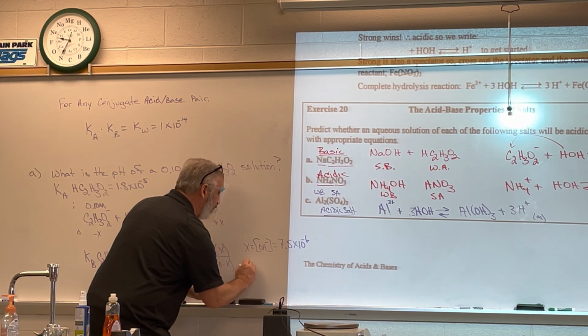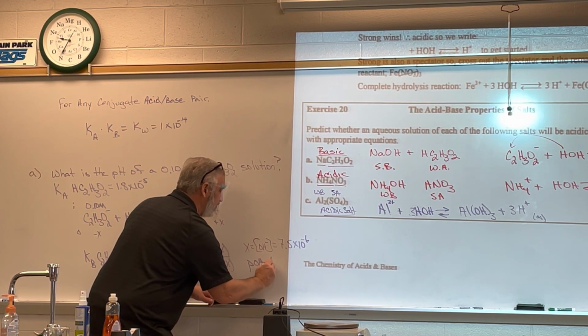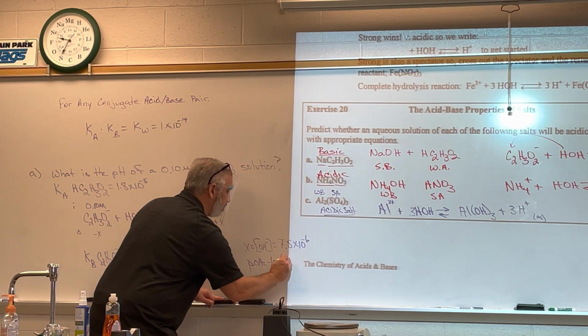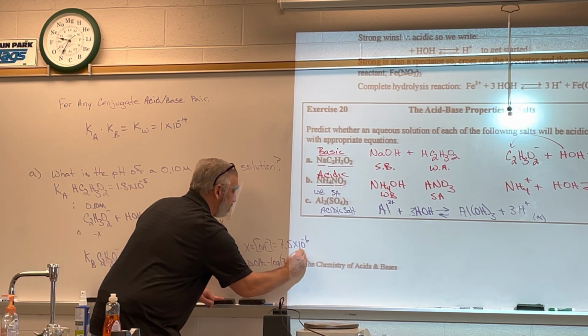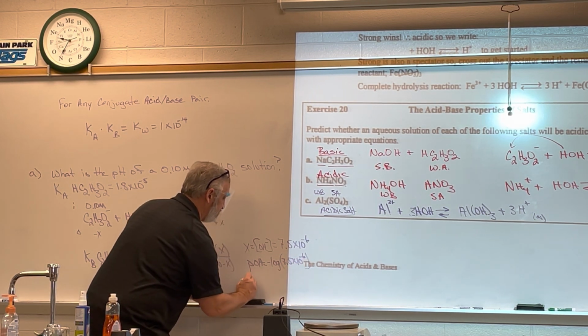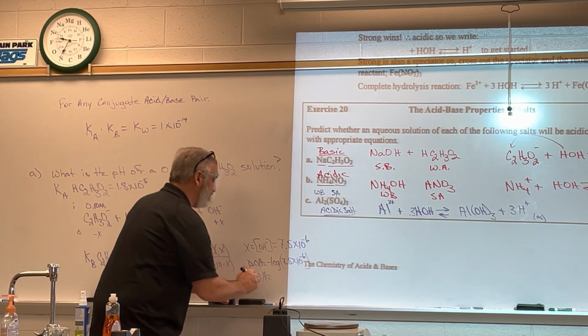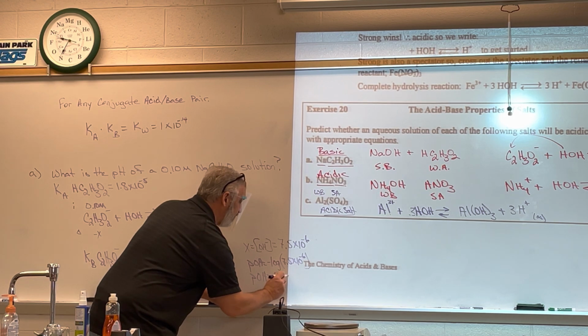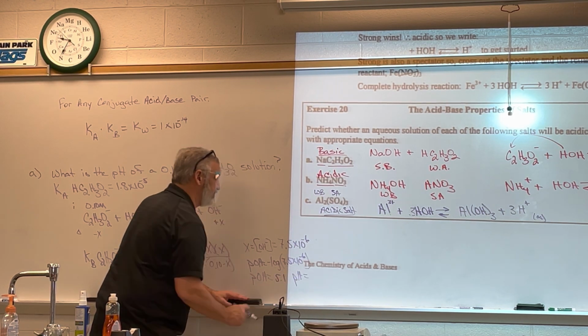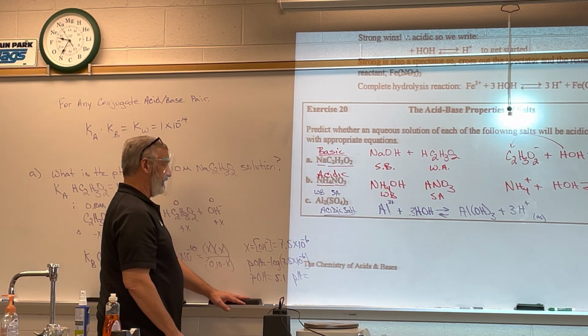So then the pOH is equal to the negative log of that, which is 5.1. So therefore the pH is equal to 14 minus 5.1, which is 8.9.